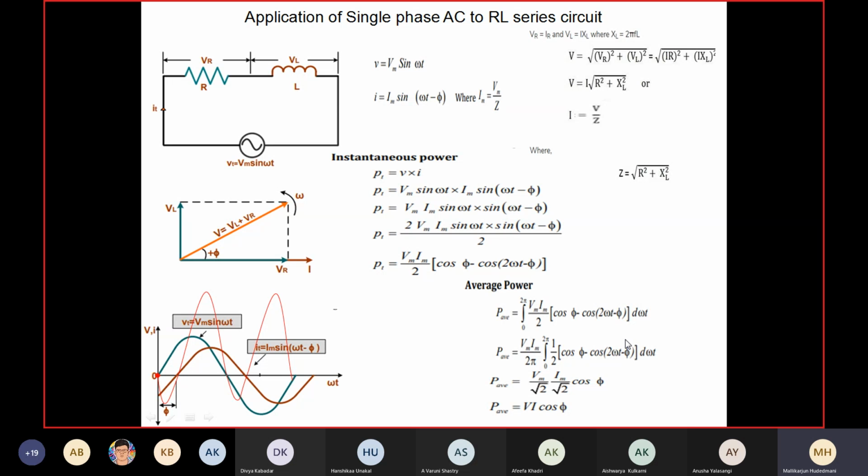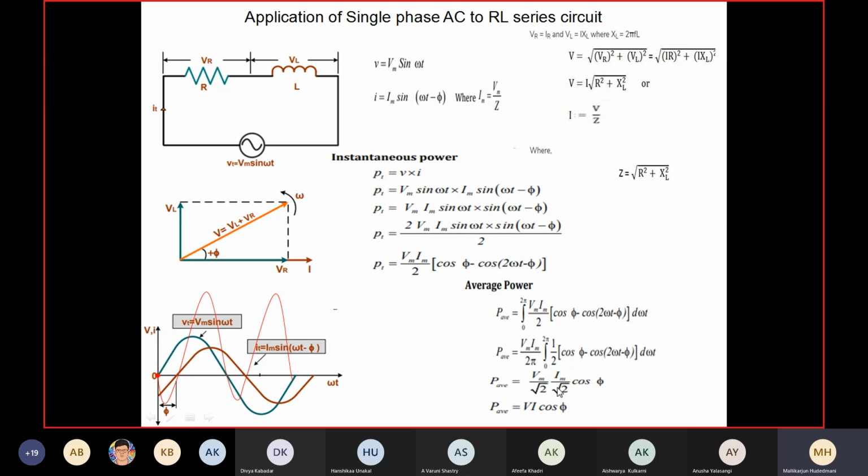The second term goes to 0. Only the first term gives a result, 2 pi minus 0. The denominator 2 pi and the outcome of the substitution 2 pi cancel. What remains is Vm Im by 2 cos phi.